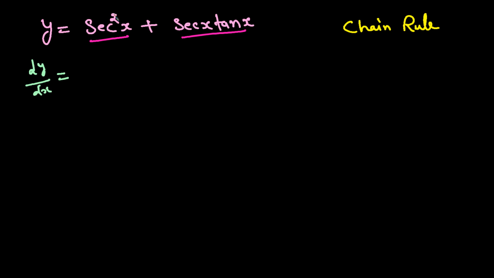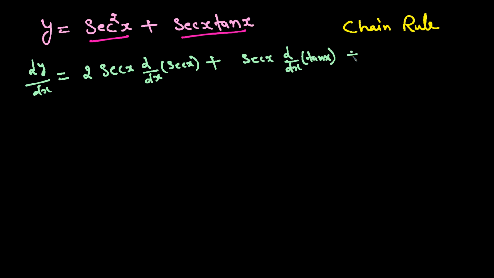You see the power over here, the power comes in front of secant x, and 2 minus 1 is 1, and then the derivative of secant x. And over here we're going to use the product rule: the first function times the derivative of the second function, which is tangent x, plus the second function times the derivative of the first function.